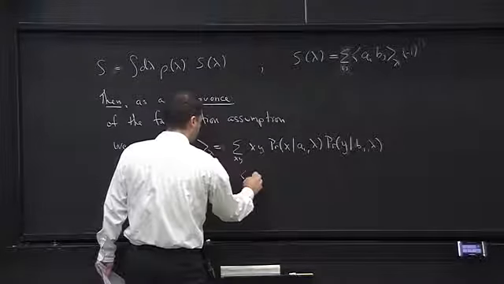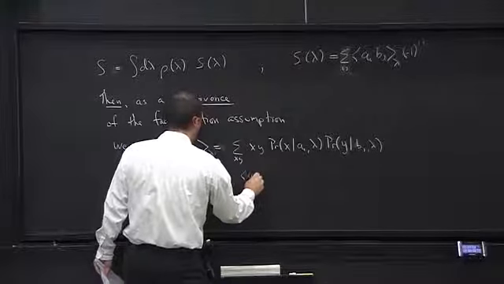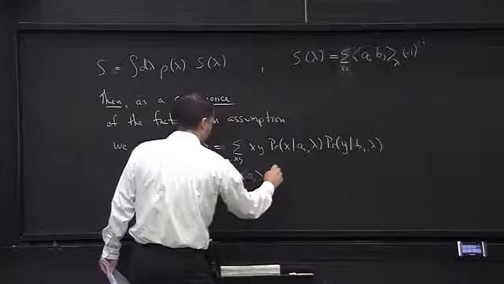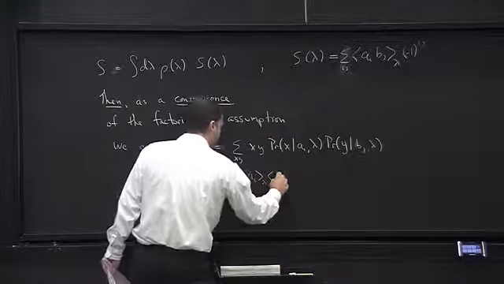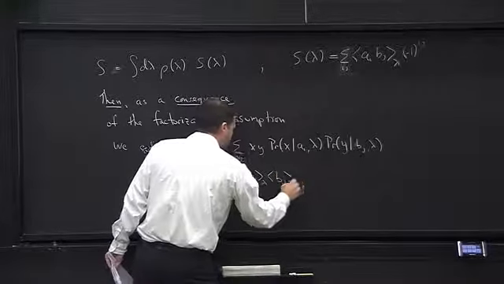So we get essentially an expectation of a_i sub lambda, times an expectation of b_j sub lambda.